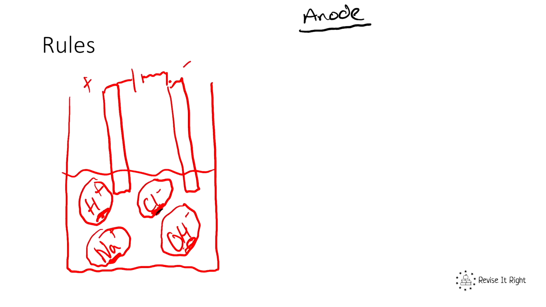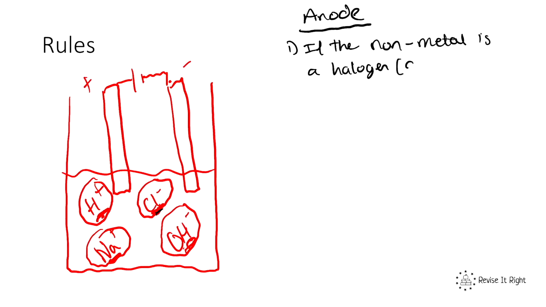Now the rule that we need to know for our anode is if the non-metal, i.e. our negative ion, i.e. our chlorine, is a halogen, now halogen means it's in group 7, the halogen will form at the anode.